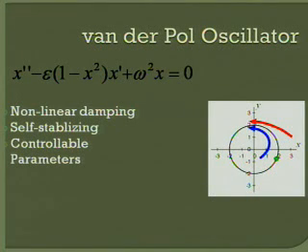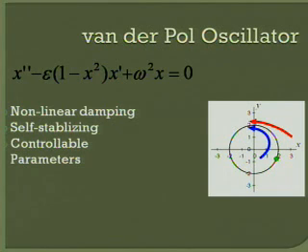One perfect example of nonlinear damping is the Van der Pol oscillator, given by the formula below. It is self-stabilizing because, as we can see from the damping term, at a very small amplitude it tends to go unstable, and at a large amplitude it tends to go back.